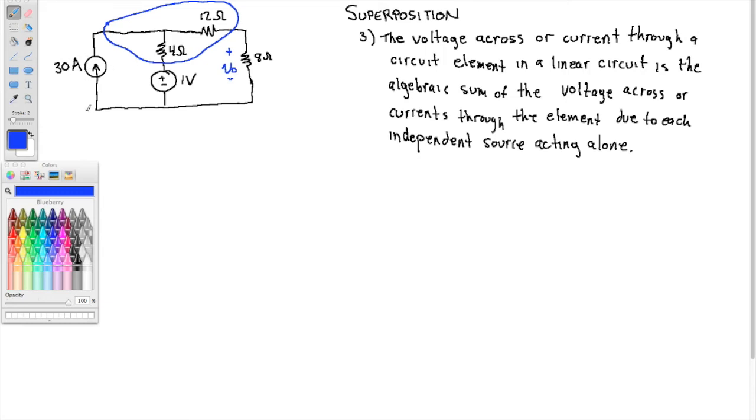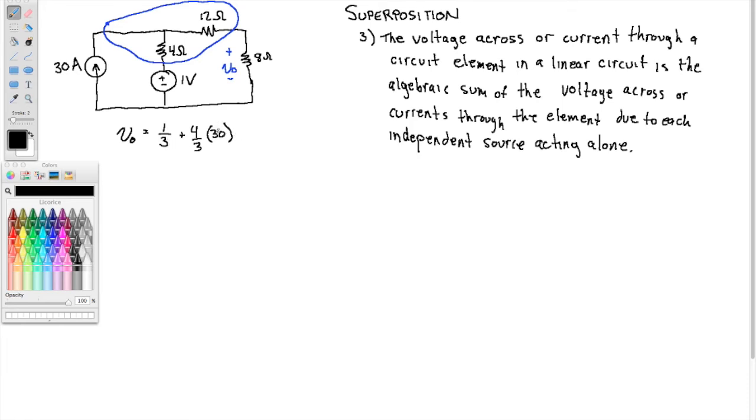That's superposition. So we analyzed this circuit already, and we said that the output, we called it Y, or V0, I believe we found that it was 1/3 plus 4/3 times 30. I think that's what we found. In other words, there were these two pieces.